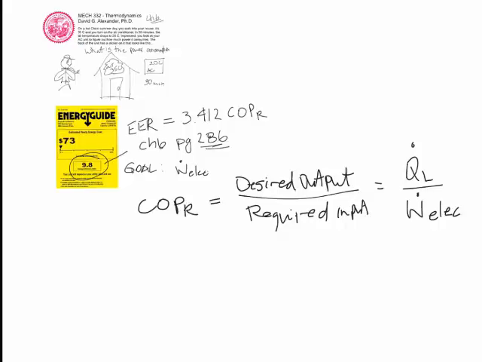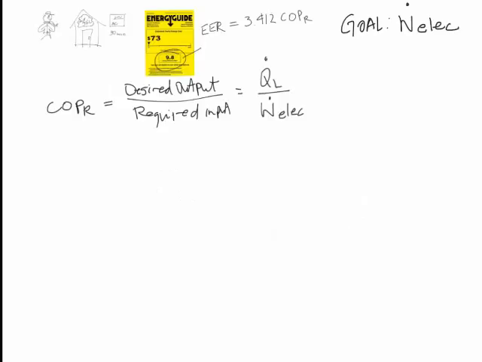So there's a relationship, and if we know COP_R and we know the rate of cooling, then we can determine what our total power consumption is. And so it looks like we're going to be able to know our coefficient of performance R, and we are also looking for our goal, our power consumption. And the big question is then, what do we do with our rate of cooling?